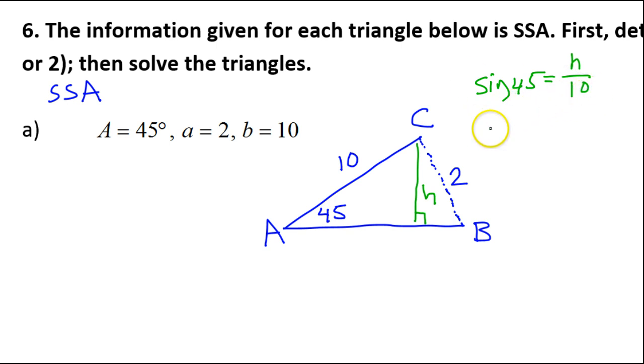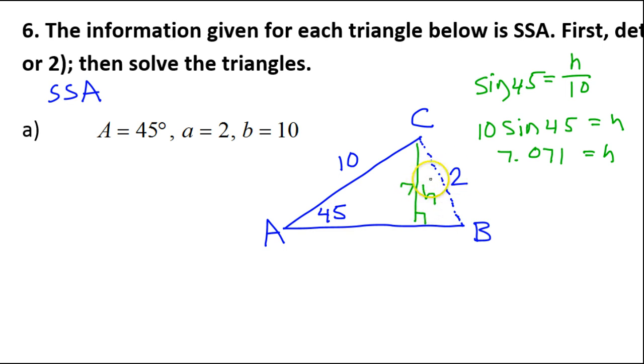Multiplying both sides by 10, I get 10 sine 45 is equal to the height. I'm just going to put this in my calculator real quick. 10 sine 45. I'm getting 7.071 for my height. So it's approximately 7.